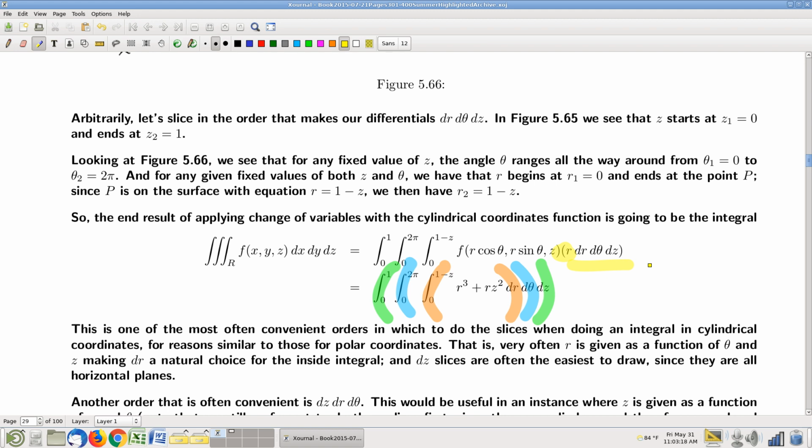Of course, the whole point of writing it down is so that it will make it into the integrand. It's not some sort of little cosmetic window dressing there just for the appearance, right? R is part of the integrand. And you can see that factor of R in here.